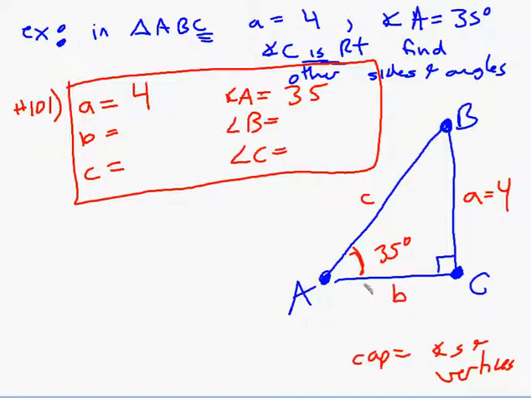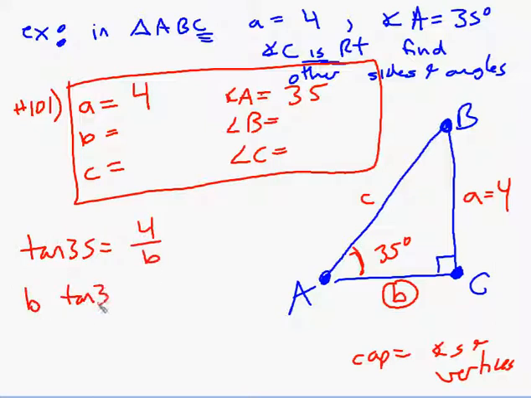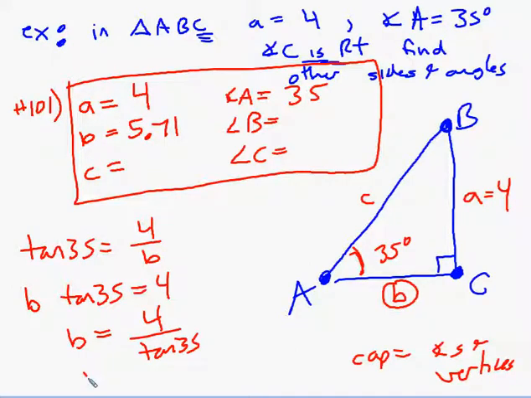And we've already done an example of this, so B is down here, right? So if I was looking for b, I have opposite and adjacent. So I'd say tangent of 35 equals 4 over b. Clear my fraction. So this is similar to what we already did. And b equals 4 divided by tan 35. So when you show your work this way, it'll be easy to check, and I get 5.71.